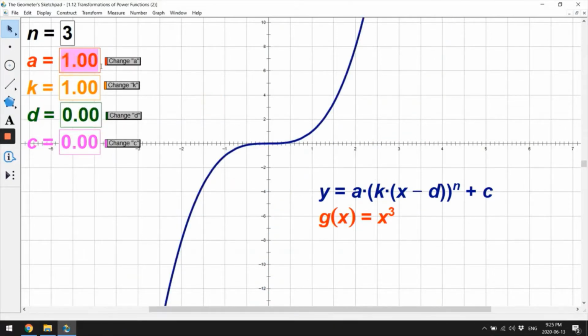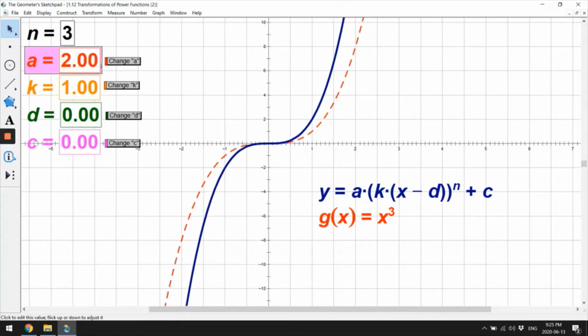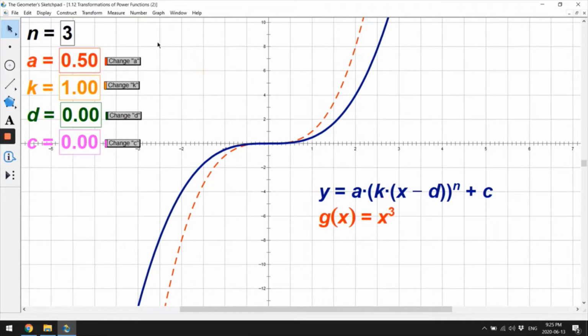Okay, so if A is equal to 2, you have a vertical stretch by a factor of 2. And if A was 0.5 or 1/2, now the textbook will say it's a vertical compression by a factor of half, but I strongly disagree with that because if you think about it, it just doesn't make any sense when you say vertical compression by a factor of half.